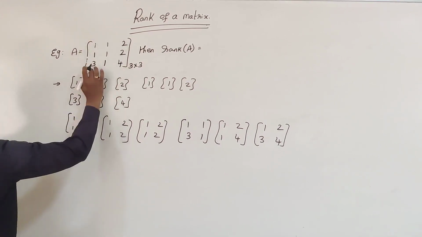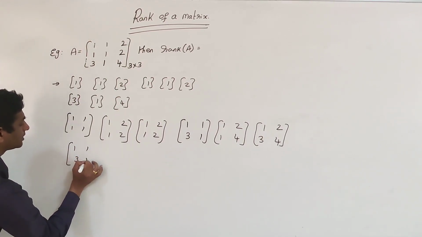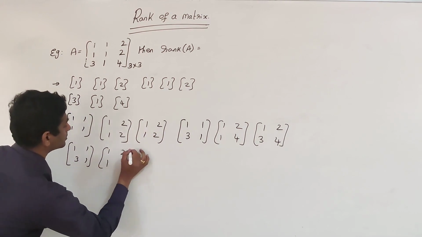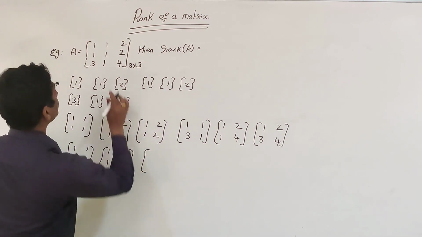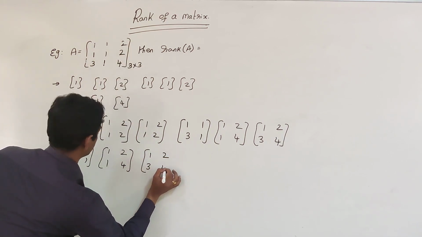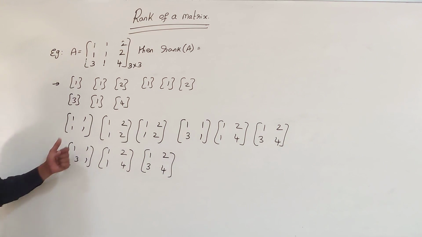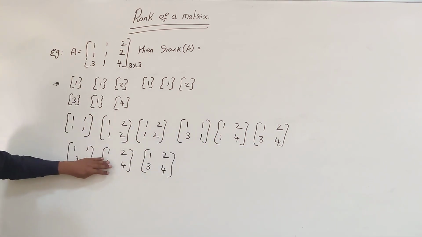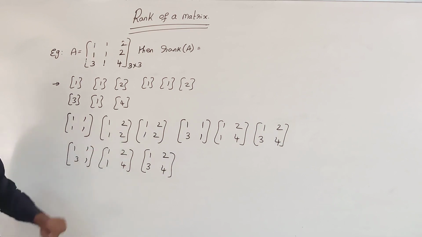Again, 1, 1, 3, 1. 1, 2, 1, 4. And 1, 2, 3, 4. So these are the 9 two by two square submatrices.